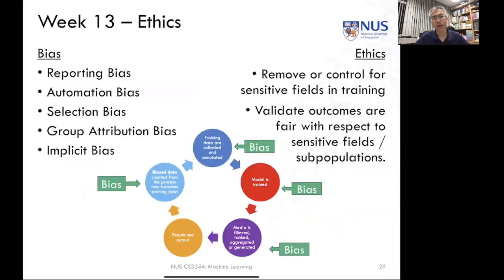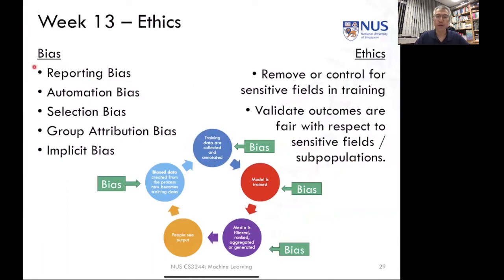In our final lecture this week, we looked at ethics. We saw that ethics is a very important consideration that lies outside the mathematical domain of machine learning, but it's very important to consider since a lot of the algorithms that we productionize in machine learning affect real people, inclusive of ourselves.